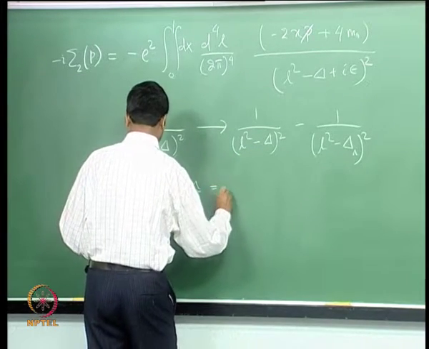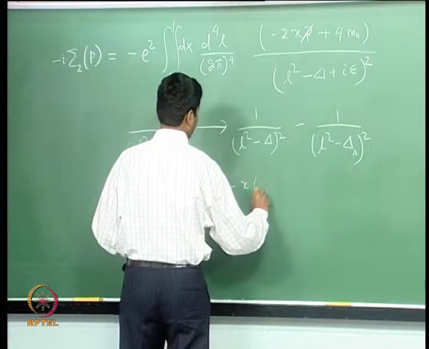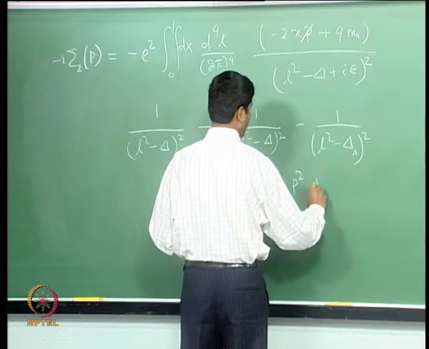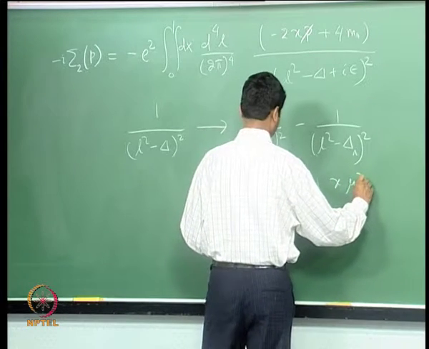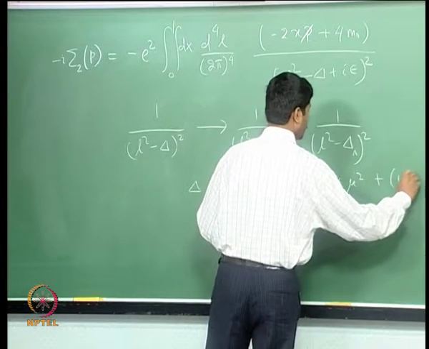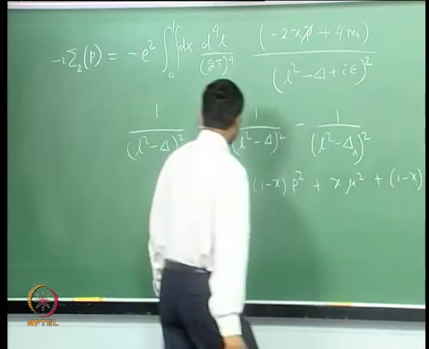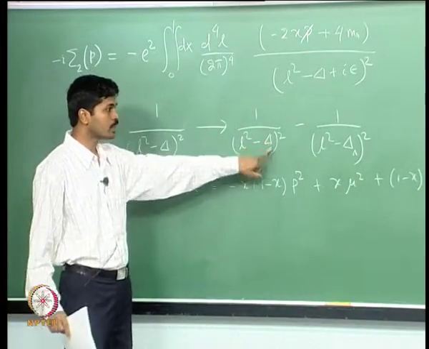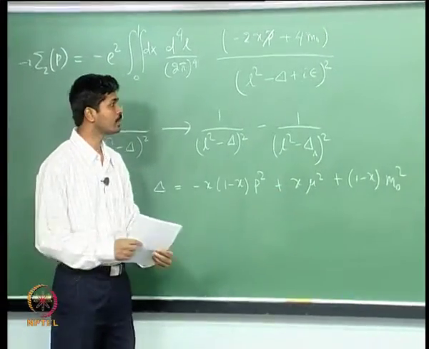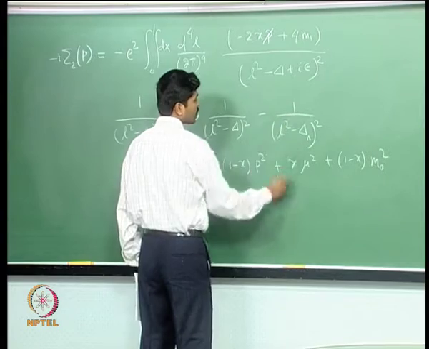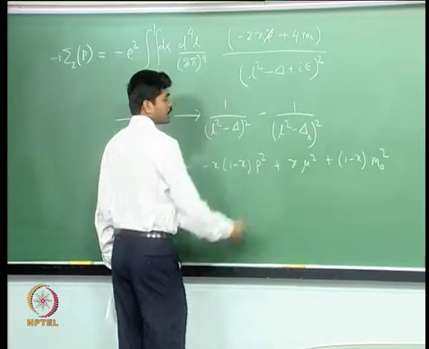We already know the expression for delta here. Delta is given by minus x into 1 minus x p square plus x mu square plus 1 minus x m 0 square. This is our delta. Therefore, for delta lambda, the effect of the UV cutoff is just to introduce another term where this mu is replaced by lambda.